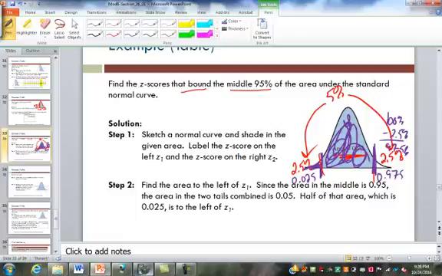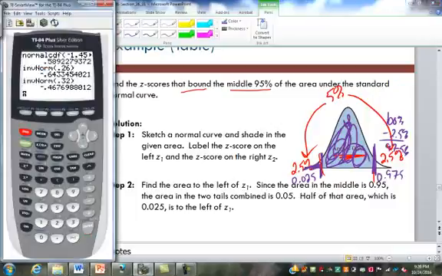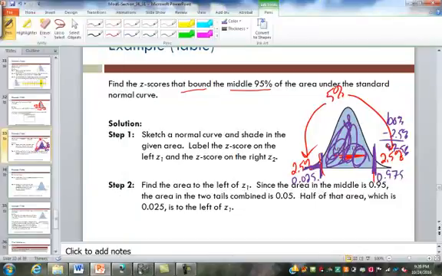So on the calculator, second distribution, inverse normal, 0.025. Notice I don't even need to close the parentheses. It's going to give me a negative 1.96 basically. So this value here is a negative 1.96.